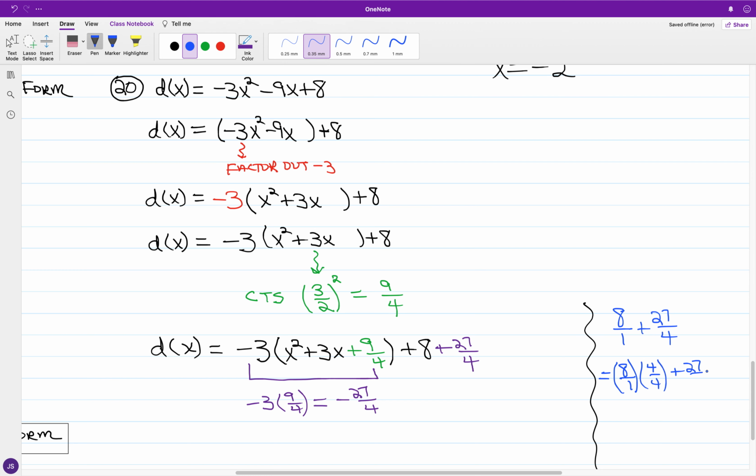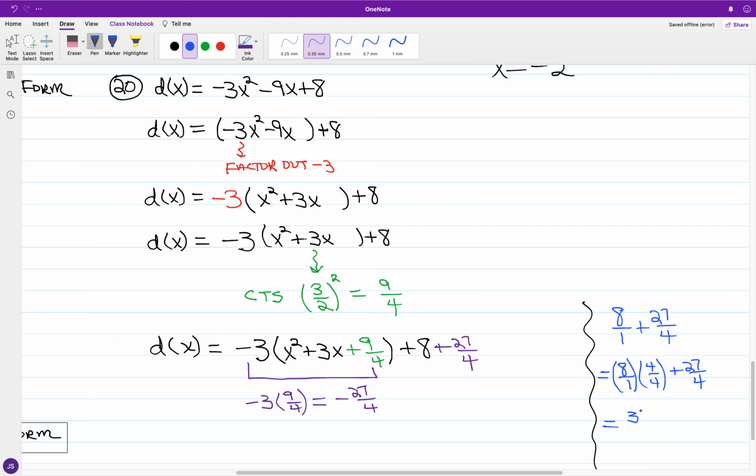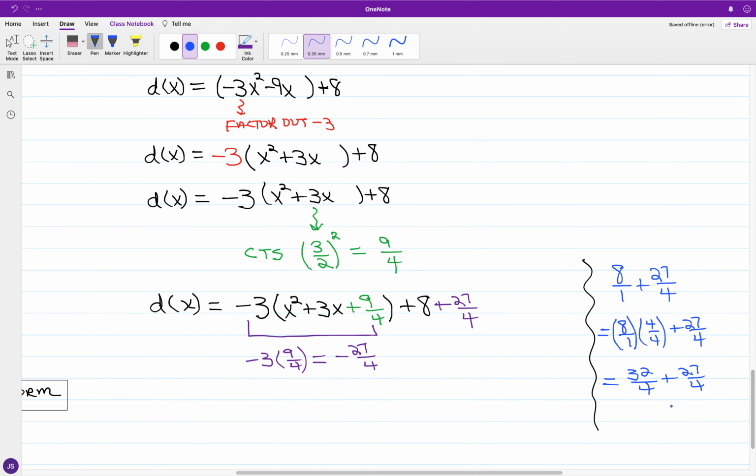And of course, 4 is going to be the least common denominator. So as fourths, 8 is going to become 32/4. We have plus 27/4. And the sum of these numbers, we're going to have the non-integer value of 59/4.